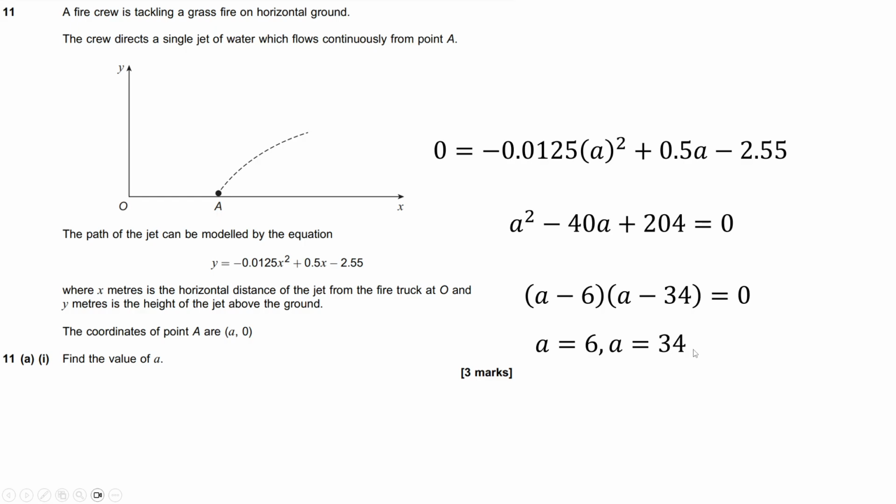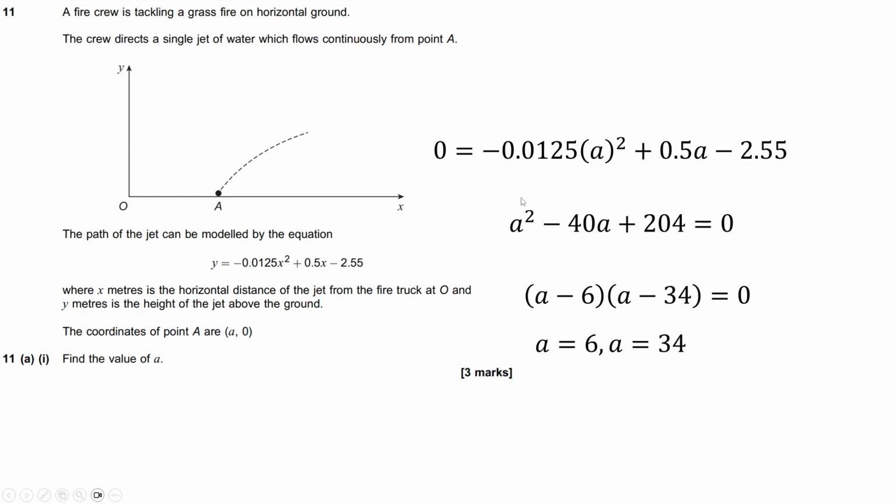Now, A doesn't equal 34, and the reason why is because this is an upside down parabola, because it's a minus x squared, so it's going to look something like this, right? And you can just see by inspection that A must equal 6, because A equals 34 will be when it's already turned around and going back down.